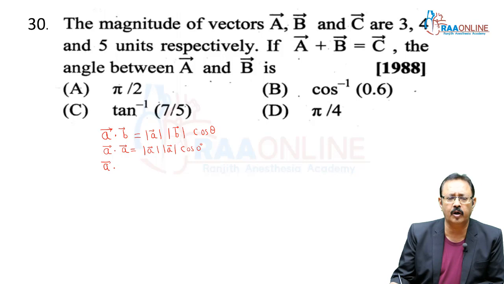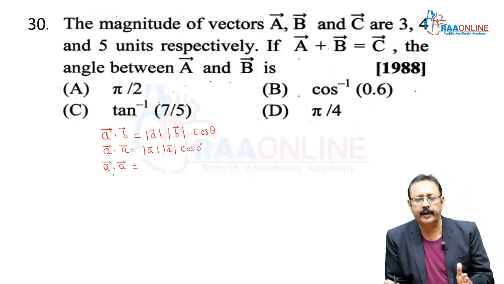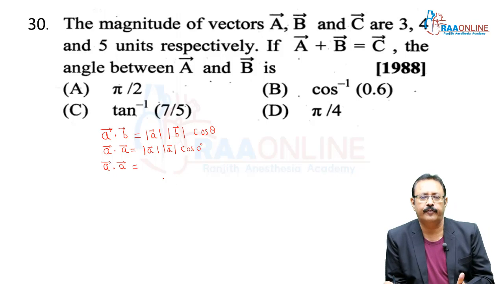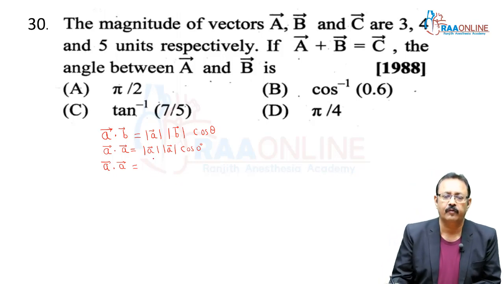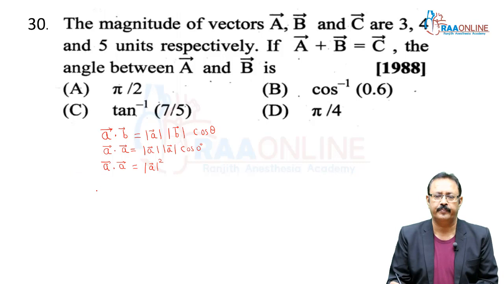So if you dot multiply a vector by the same vector, if you are multiplying a vector with itself, what will you get? You will get the square of the modulus of the vector.